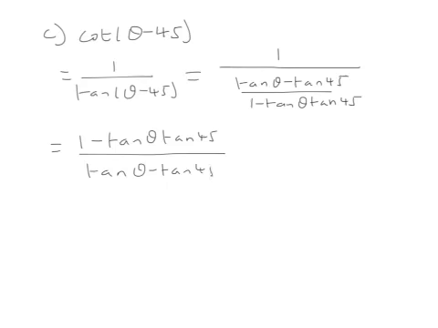But tan 45 is 1, so it's 1 minus tan theta. Tan theta we're told is p, so it's p times 1 over tan theta, that's p, minus tan 45, which is 1.